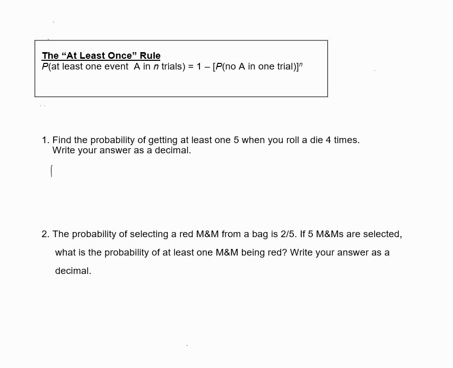Now, I like to start by coming over here and writing out the probability that I'm actually going to get this. The probability of getting a 5 when I roll a die is 1 out of 6. The probability that I will not get a 5 is 5 out of 6, because they have to add up to be 6 out of 6.